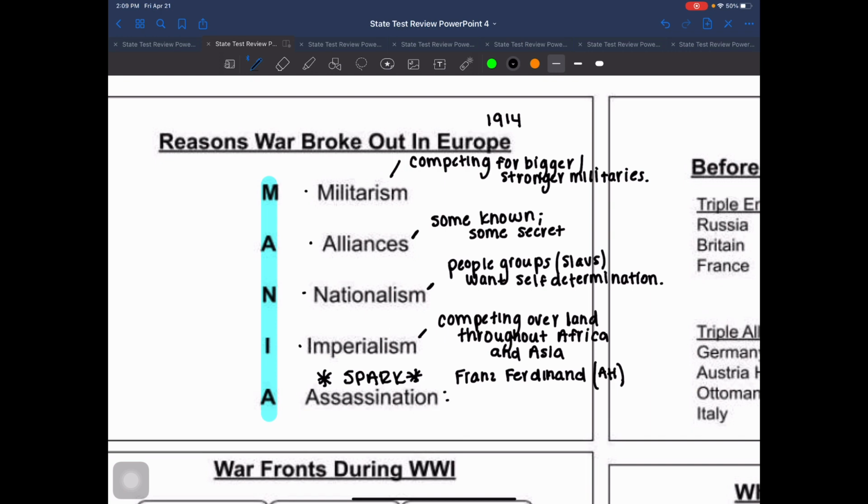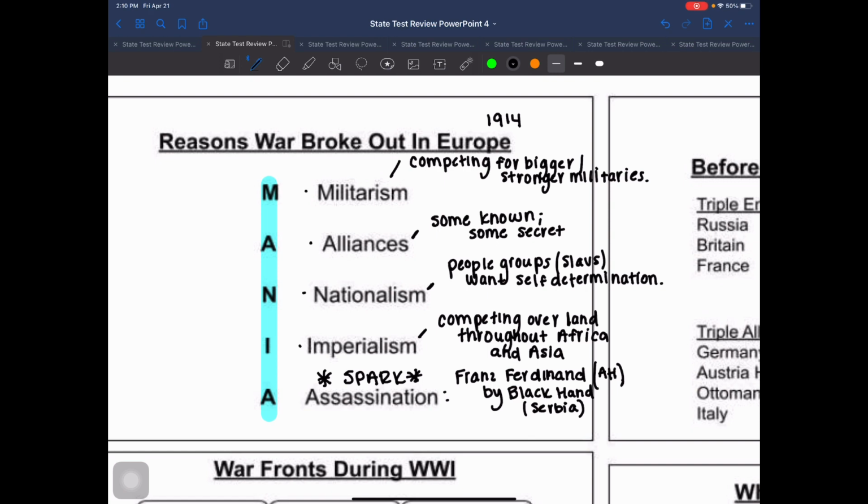Again, some people say Hungary, but Austria-Hungary is how we're going to say it. And he is killed by a terrorist organization known as the Black Hand. The man who actually killed him, I believe you pronounce it Gavrilo Princip. Close enough. But this Black Hand is from the country of Serbia.